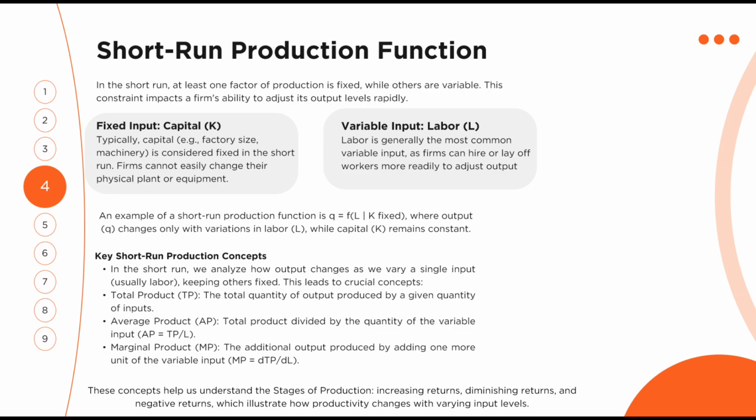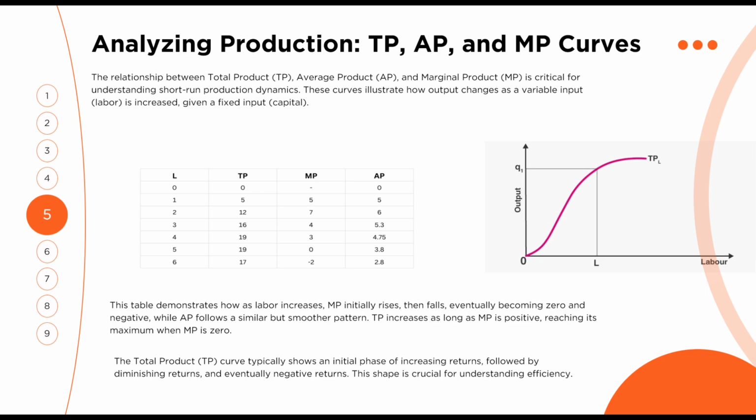Now let's understand how these three are related using a table and graph. From the table, we can see that when labor increases from 1 to 2, the marginal product increases. This indicates increasing returns, where each additional worker contributes more than the previous one. This usually happens due to better specialization and efficiency of resources.